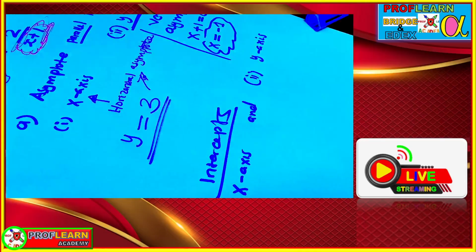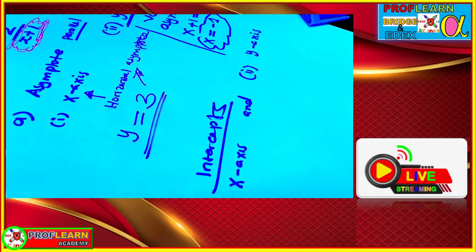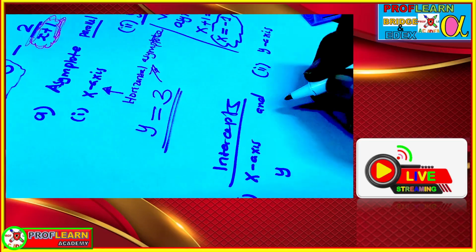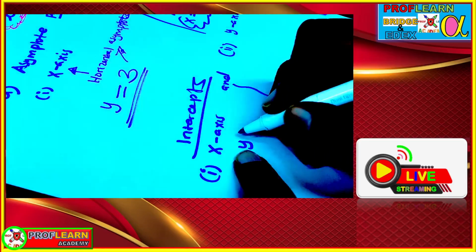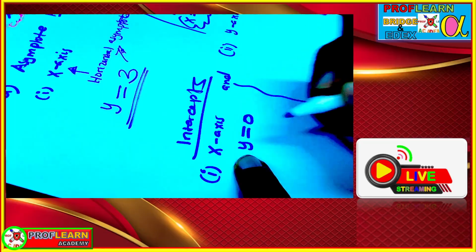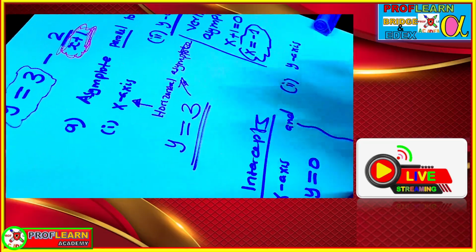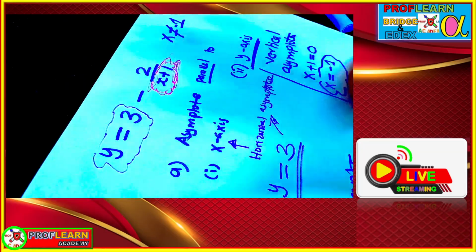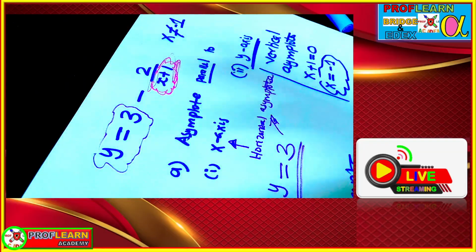How do you work out that? Now, if you are given the x-axis, y is equals to 0, where the curve cuts the x-axis, y is usually equals to 0.